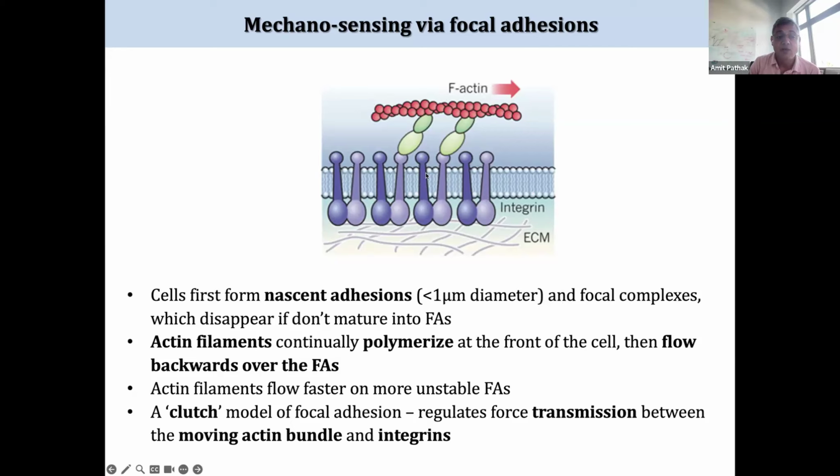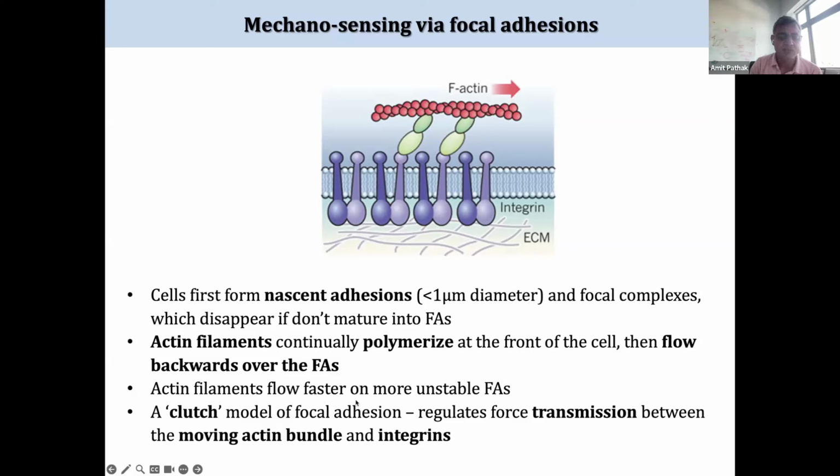It's still not an adhesion because adhesion proteins have not stabilized it. Then if these focal complexes come together, actin filaments also attach, and focal adhesion proteins come on top of each other, it becomes a focal adhesion.